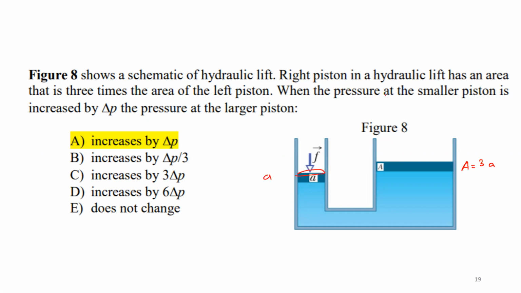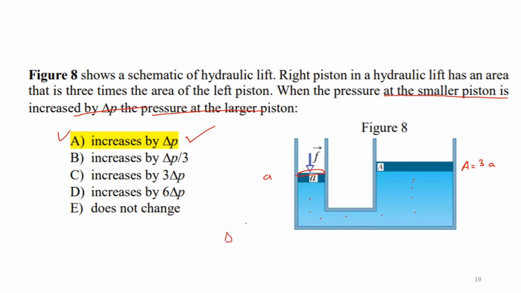When the pressure at the smaller piston is increased by delta P, then the pressure in the larger piston is also increased by delta P, because pressure is transmitted through the incompressible fluid integrally. Same change in pressure. If I change the pressure here by delta P, each portion of my incompressible fluid will change its pressure by delta P. So of course, A is the correct answer. Now the force here.